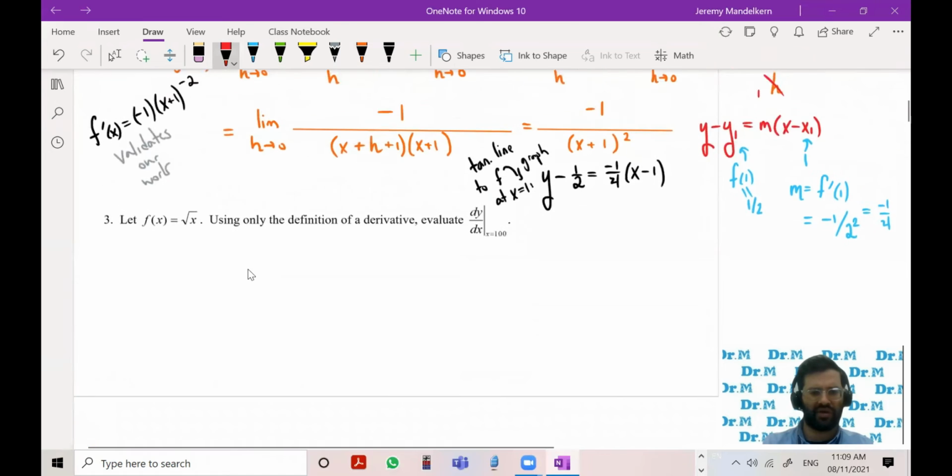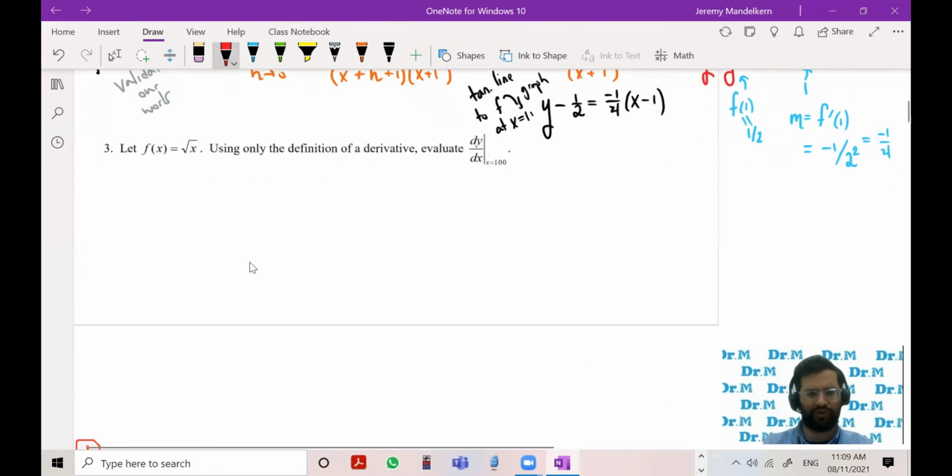So here in this last example, we're asked to use the definition of the derivative to find dy dx at x equals 100. Let's use the color green for this. So first we'll find f prime of, well, I was going to say we could go for f prime of x, but why don't we go for f prime of 100 right off the bat?